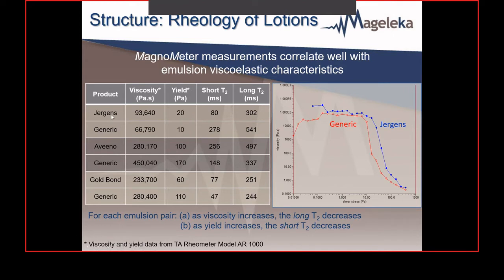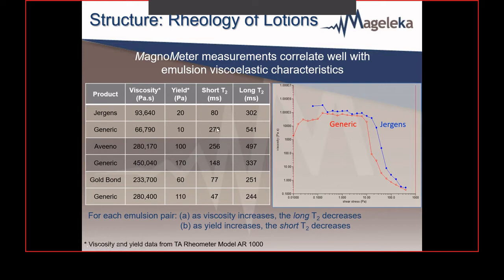The absolute values of viscosity and elasticity are, as expected, not the same for each brand product because they've been formulated differently. Jergens is not the same as Aveeno, is not the same as Gold Bond. But when we look at these generic pairs, these should be, if everything is copacetic and they are actually perfectly equivalent, the same. But it is clear from the rheology they're not quite the same.